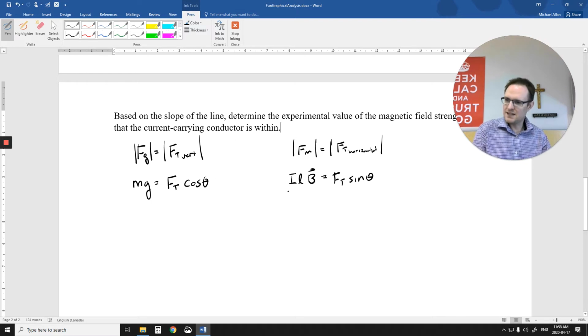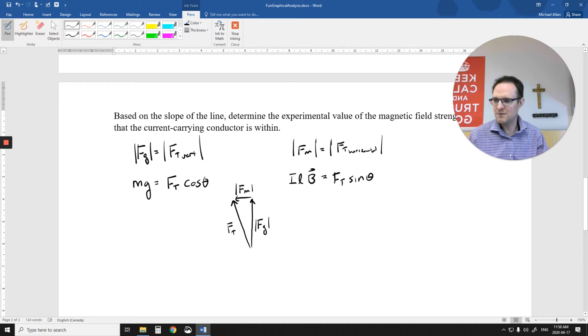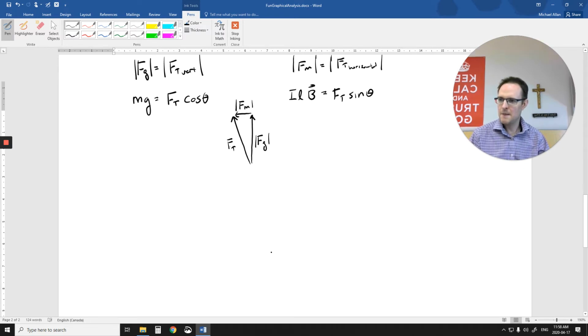So rather than thinking about this, I'm just going to think about that triangle. I'm going to label the triangle differently. Here's my Ft that was going off this direction. This piece here that's going straight up, that's my Fg, well, at least the same magnitude as my gravity. The piece that's going sideways is my Fm, well, at least the magnitude of my Fm, to make sure that this balances out.